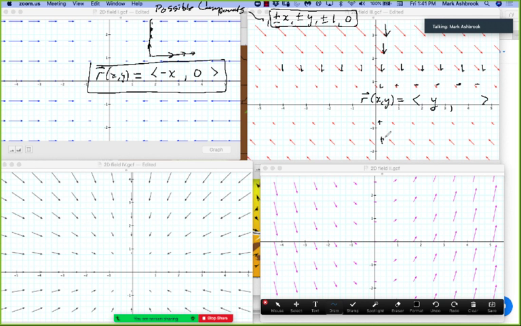So the y component is also a function of y. How does it change? The y components in positive y territory are getting more negative, and the y components in negative y territory get more positive. Therefore, it's negative y.